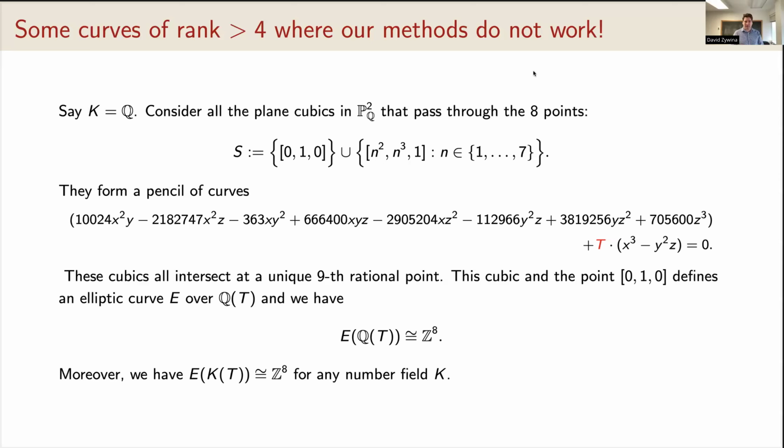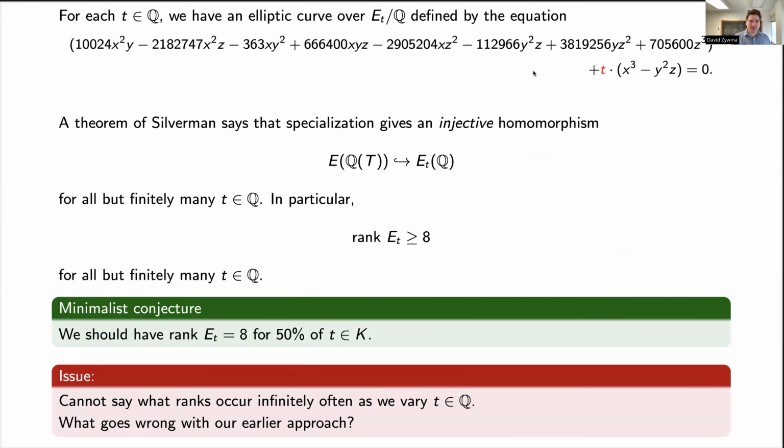In particular, for any number field, it's the same thing. So here's just the easy way I've made elliptic curves geometrically of much higher rank than 4. So what goes wrong with the method? Well, first let's plug in T's. Like before, we can just take rational numbers and plug in T's.